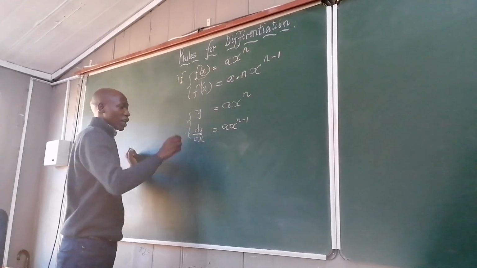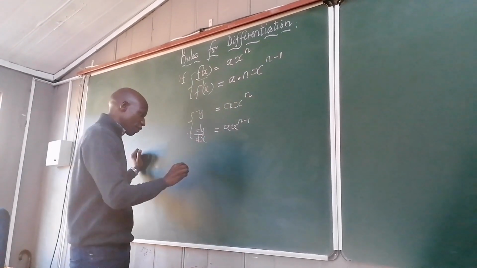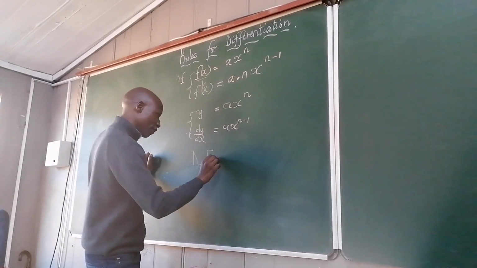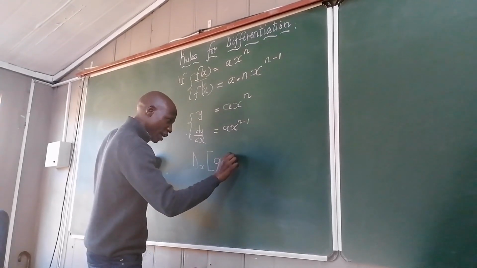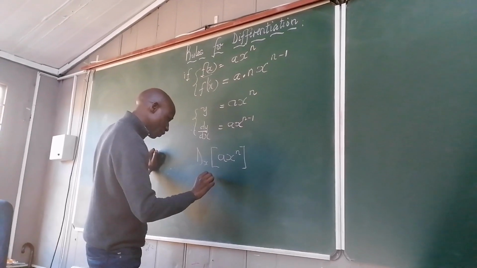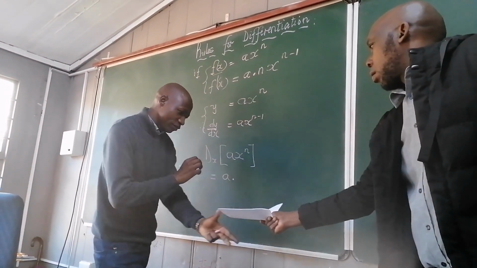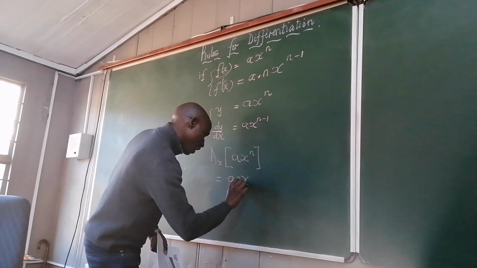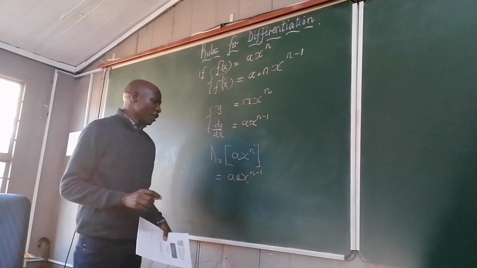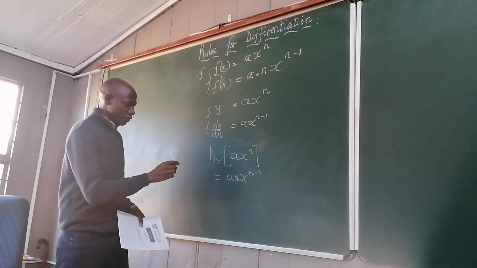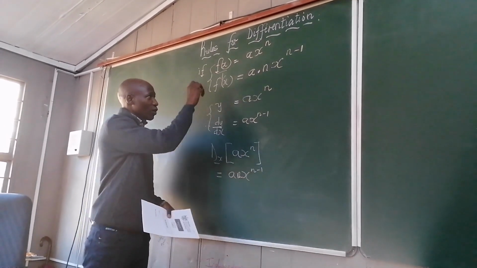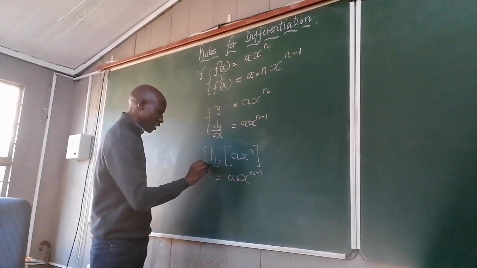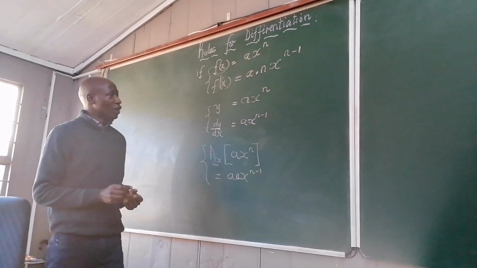The other one can be given as follows: the derivative with respect to x of a x to the power n is equal to a multiplied by n x to the power n minus 1. So these are three different notations, but all the same, we are differentiating with respect to x.